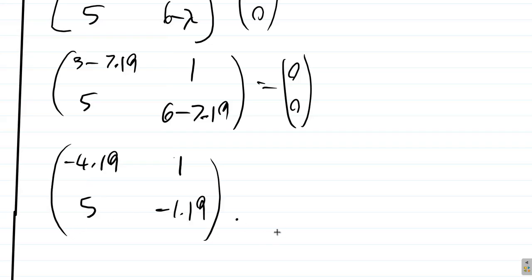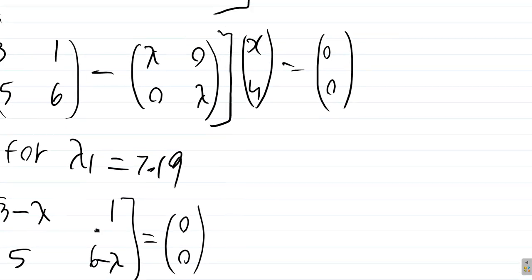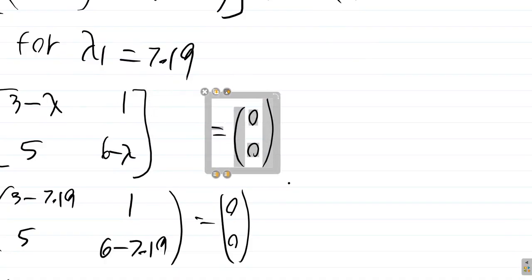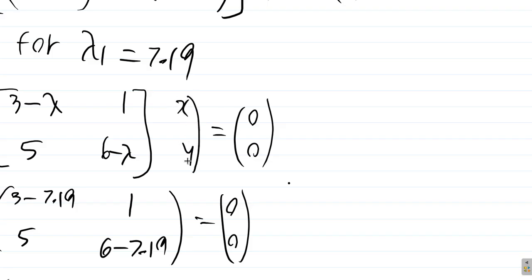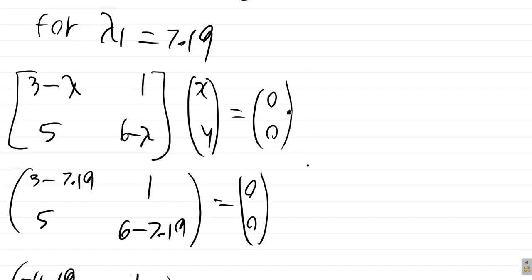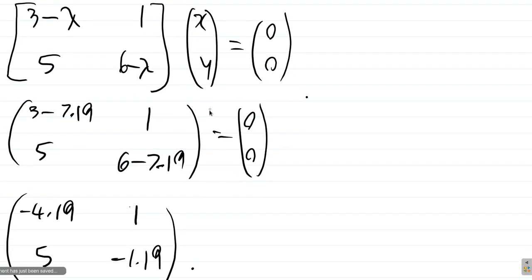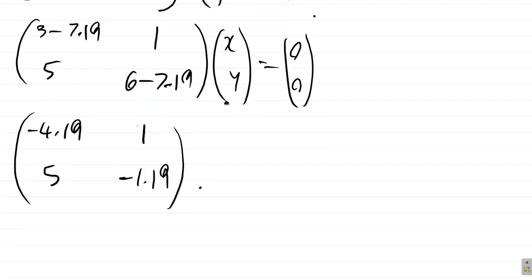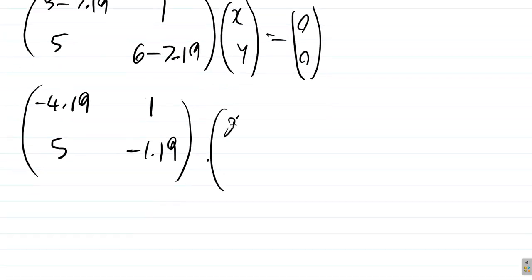Times... oh my, why did I forget to put the (x, y) in between? Yes, the (x, y) should be there. So this times (x, y) equals (0, 0).